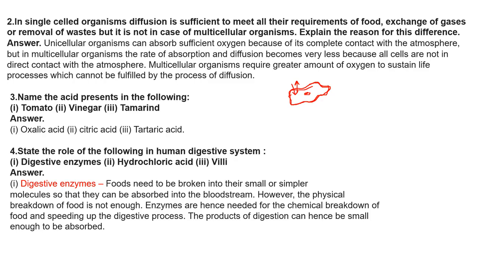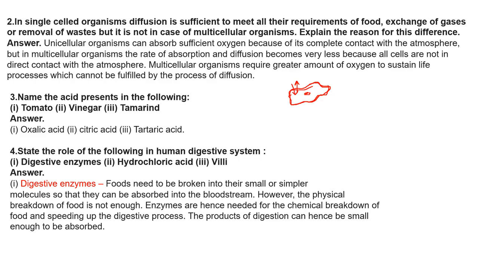We need something special, a really advanced mechanism to remove the waste of our body. Clear? So you can go through the answers and write all of them in your notebook, because these are all important. They have been taken from different board exams, so it will be better if you write them down in your copy.